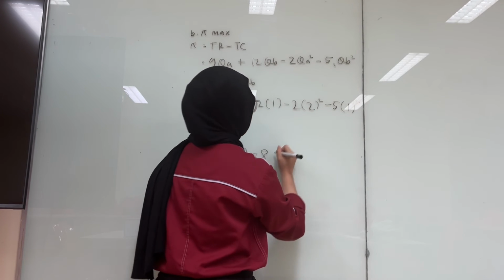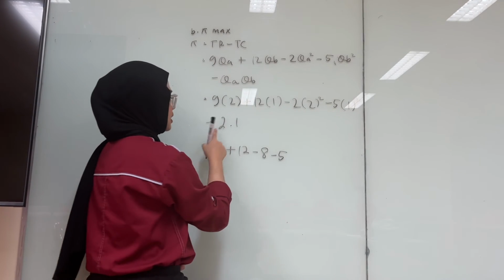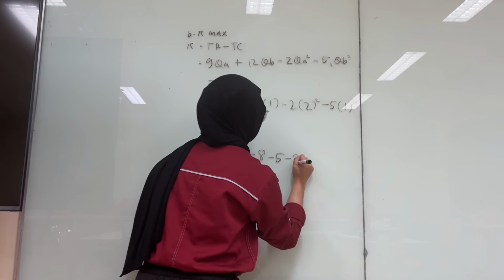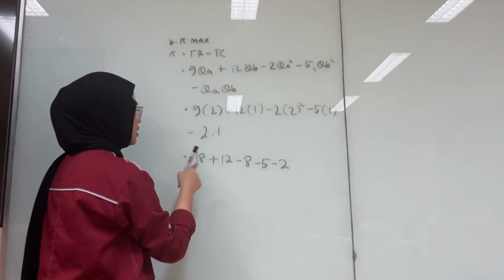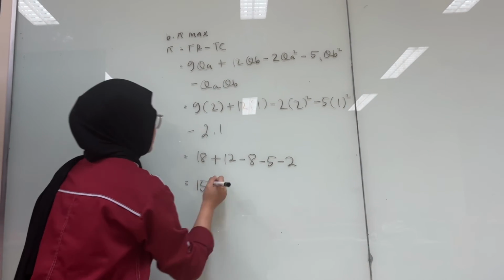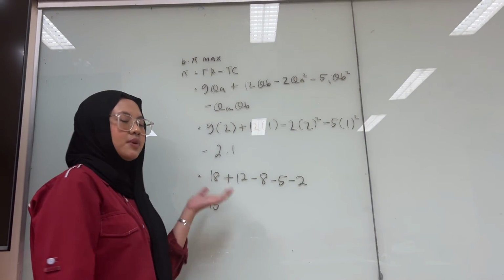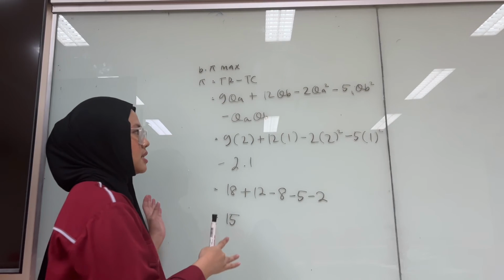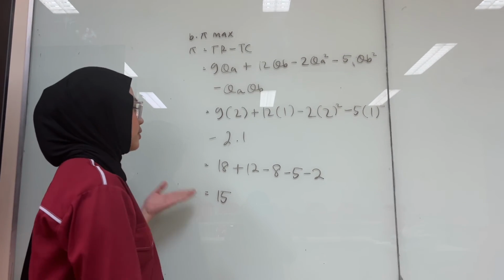Minus 5, and minus 2. We calculate it, and it will be equal to 15. So the profit maximum for this function and these prices of products is equal to 15.